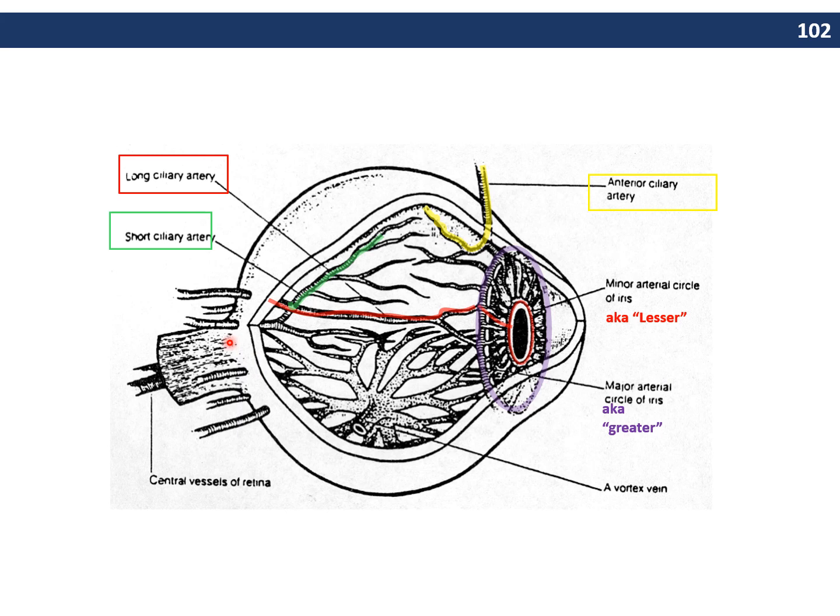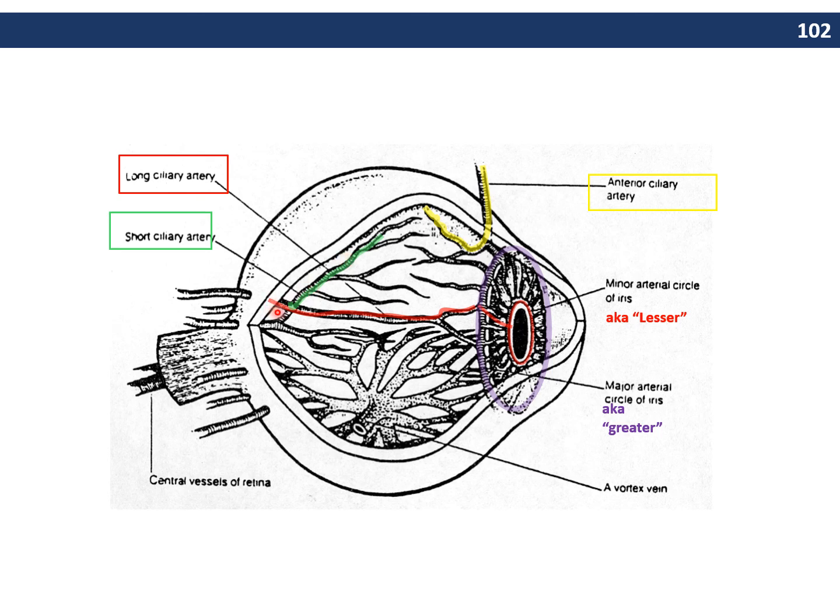Here's another image of those short posterior ciliary arteries, and you can see them piercing the sclera to go to, this picture is a little bit misleading in that these are located in the choroidal layer, that middle tunic. And so the short ciliary arteries are here going to the posterior aspect.